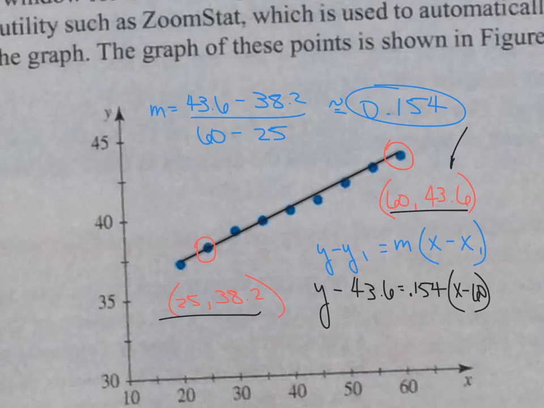All we have to do is simplify it now. We're going to add this to both sides, and that's going to be 34.36, because we're going to distribute 0.154 times negative 60 and add 43.6, and that's going to give us that. So this here is the equation of this best fit line. That gives us an idea of what that line is.